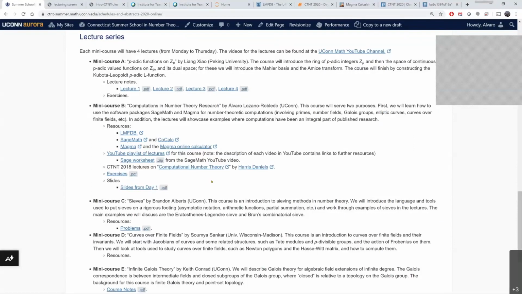By the way, there are basically three things that I'm going to try to use during these lectures. First, databases that are online on different sites, freely available on the internet, mainly the LMFDB.